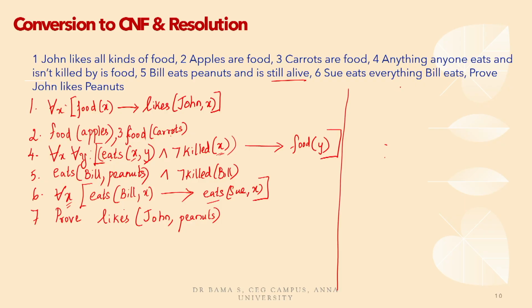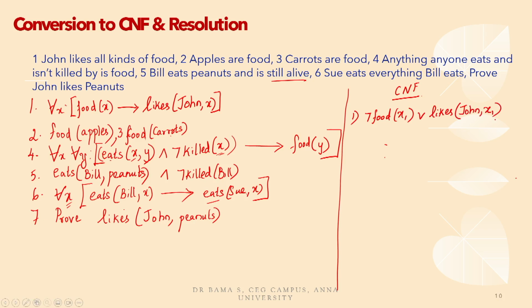Now, from this predicate logic structure, we have to convert into CNF. So, for the first one, it would be not food of x1 or likes John x1.